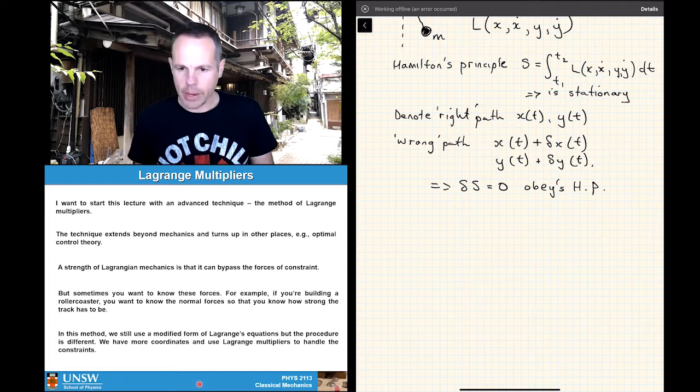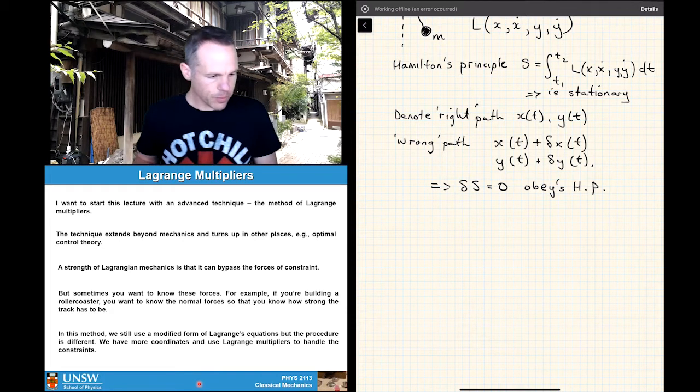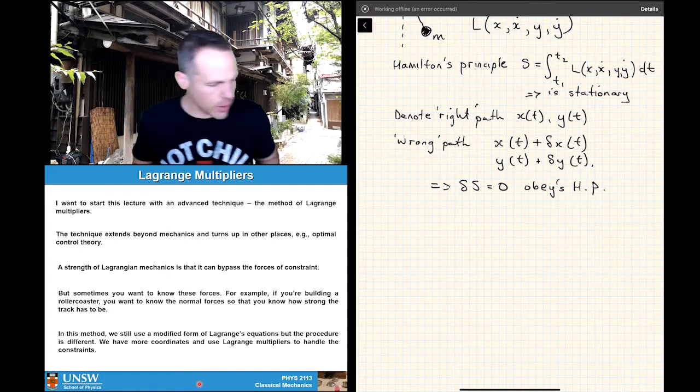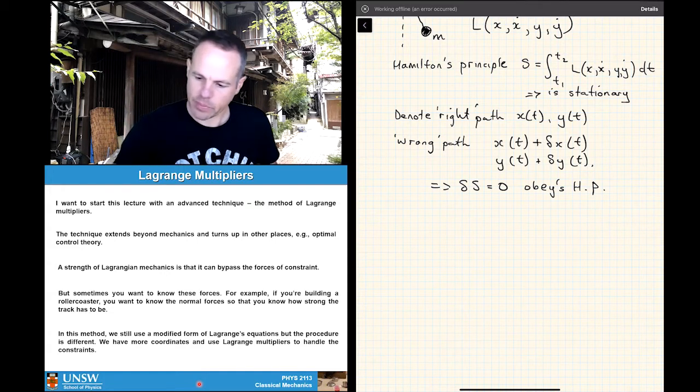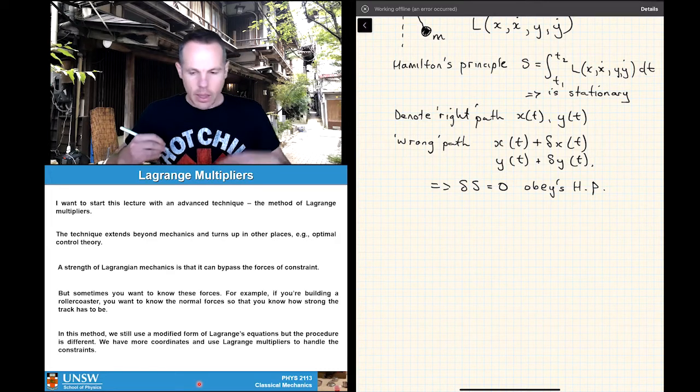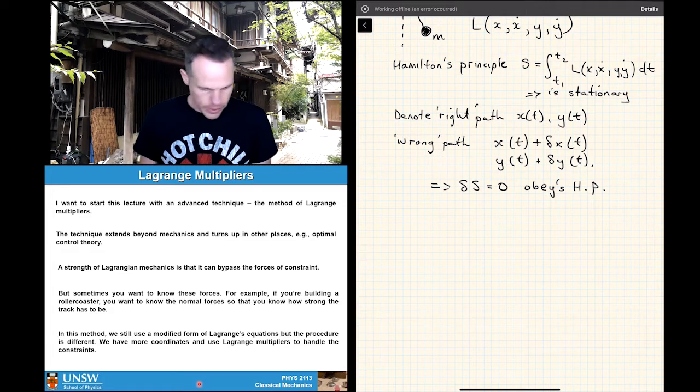Delta s equals 0 obeys our Hamilton's principle, okay? So that's ultimately what we're looking for. So what we need to do in here is write an equation in delta s in terms of the displacements in the other directions, okay?